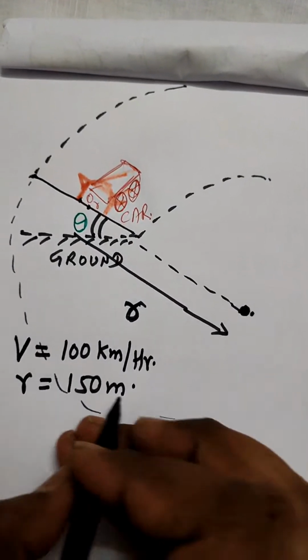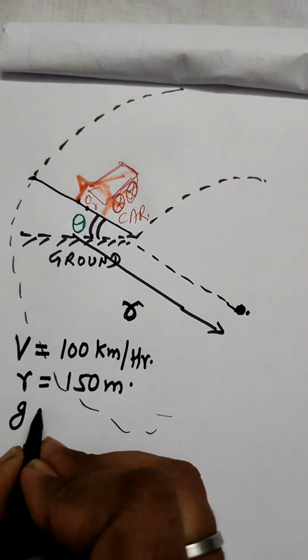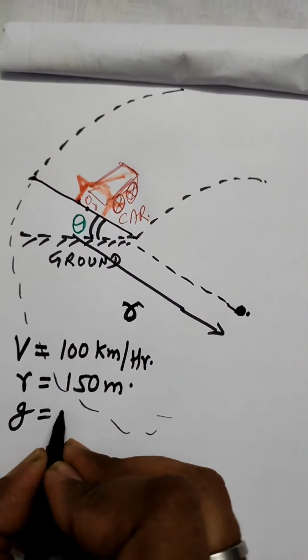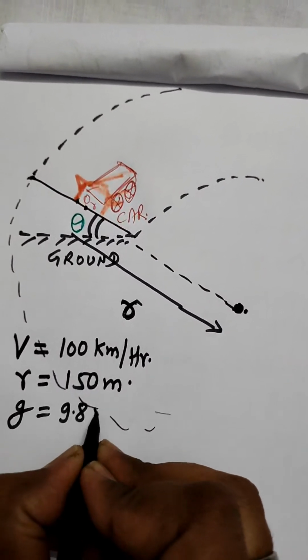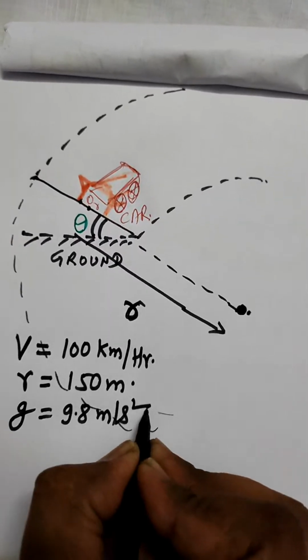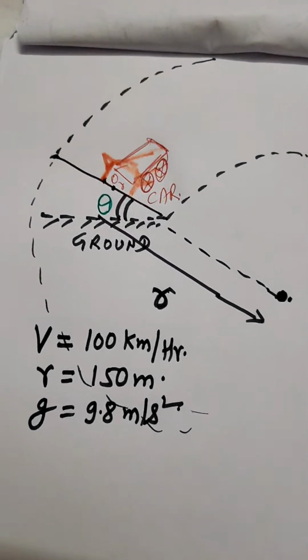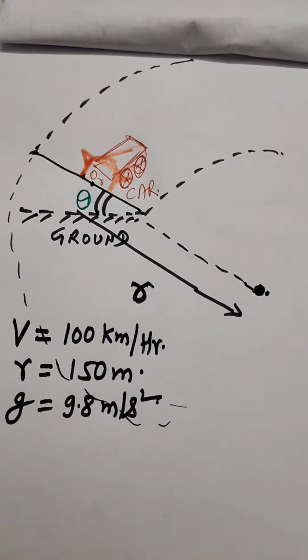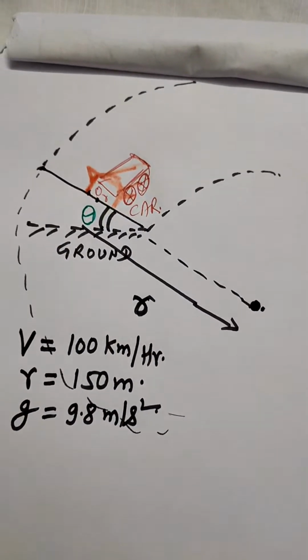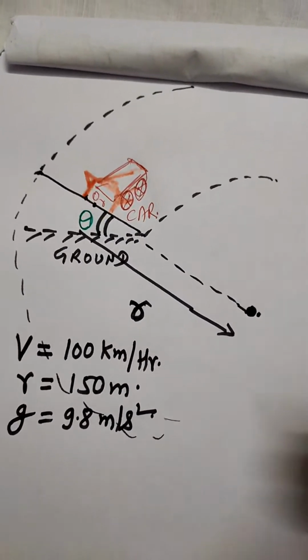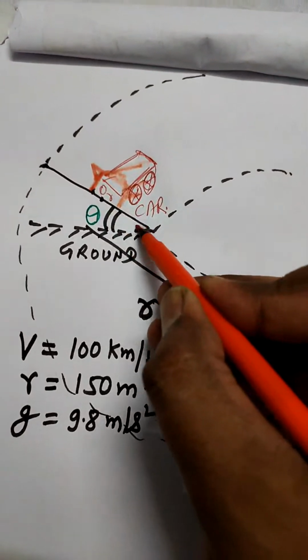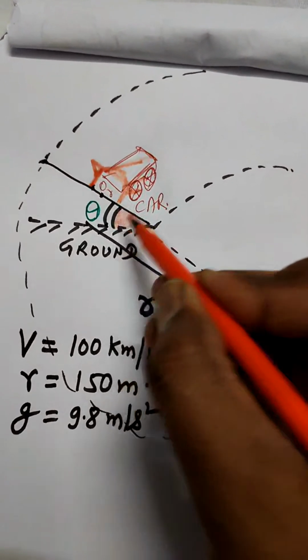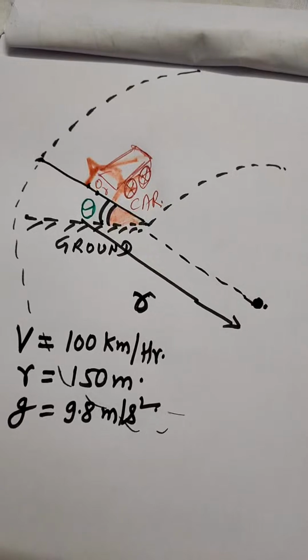Another data given to you is the acceleration due to gravity, 9.8 meters per second squared. Now we need to find the banking of this road. That means we need to find the value of this theta.